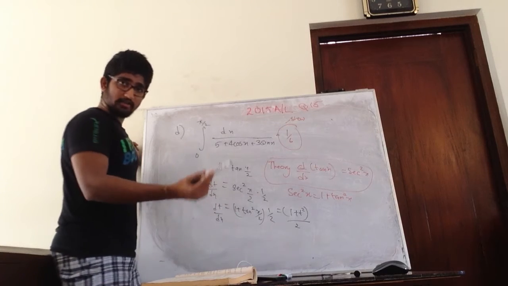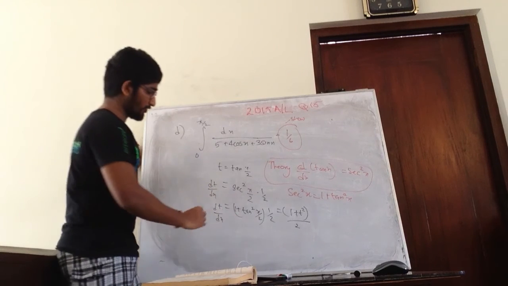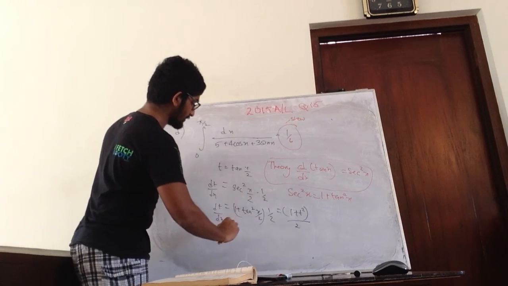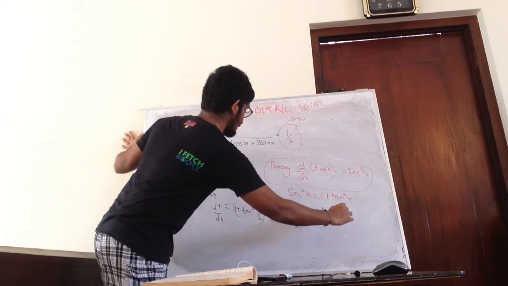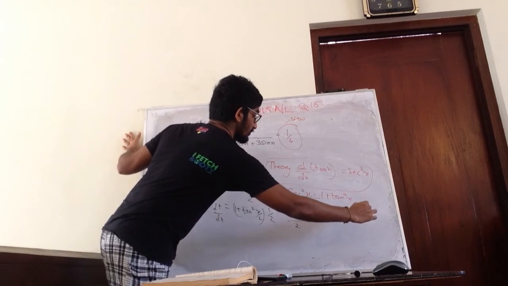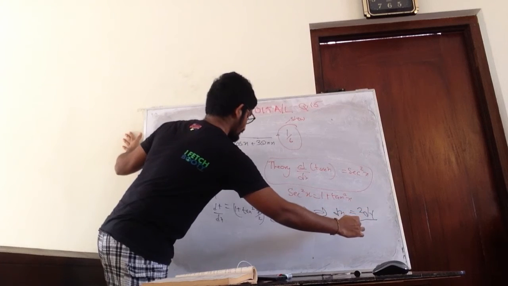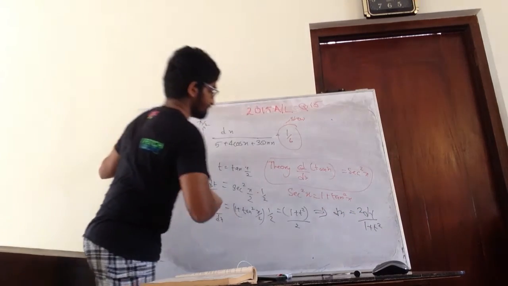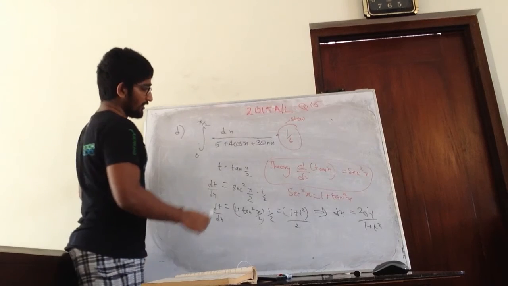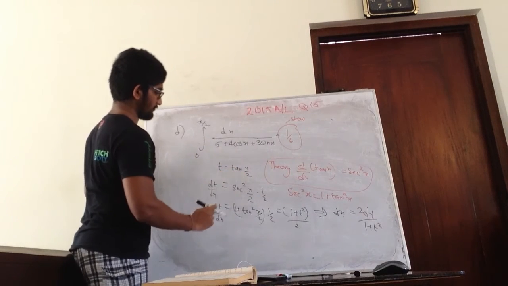So this is one of the things we do. So I'll basically substitute dx here for my simplification sake. dx is going to be 2 dt over 1 plus t squared. Correct? No?